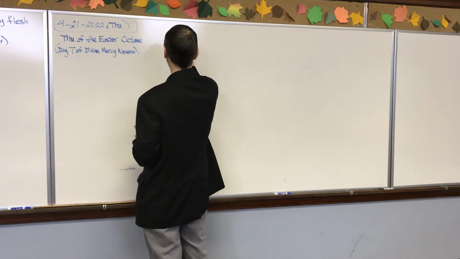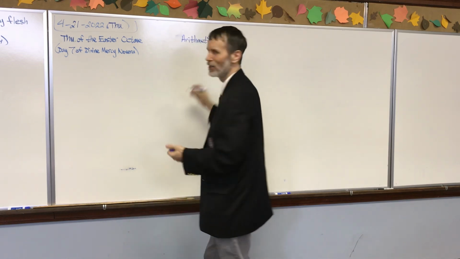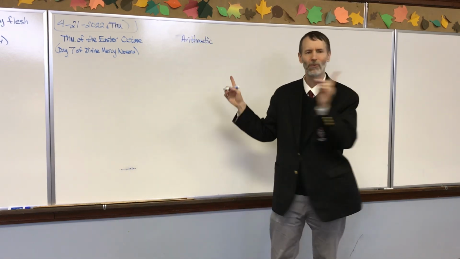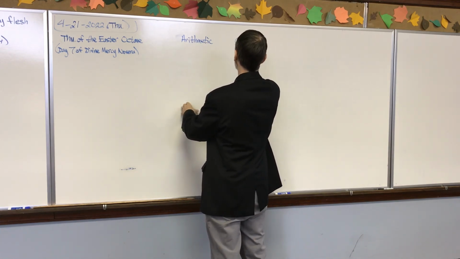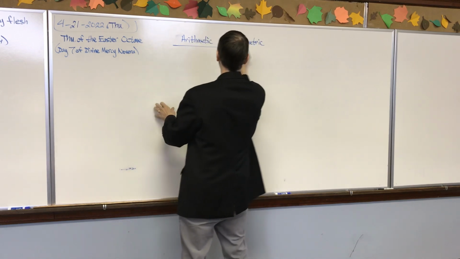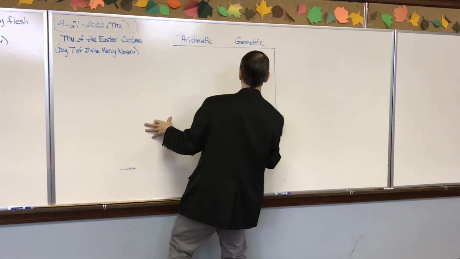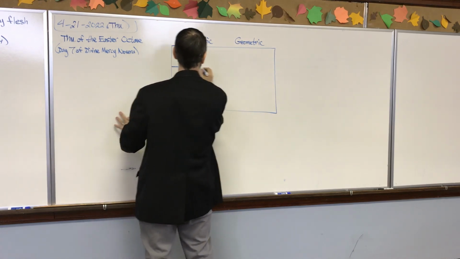Let me start with arithmetic. Tell you what, everybody in here, please write this down. I'm going to make a full chart. Draw a chart like this. There are going to be 3 rows and 2 columns.